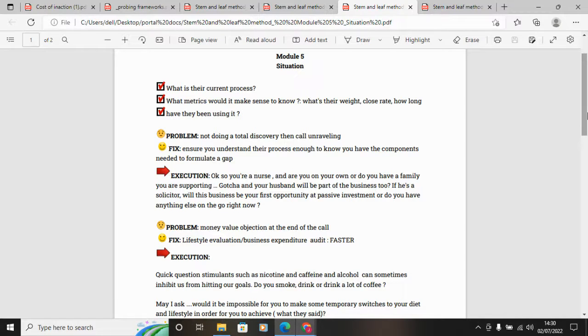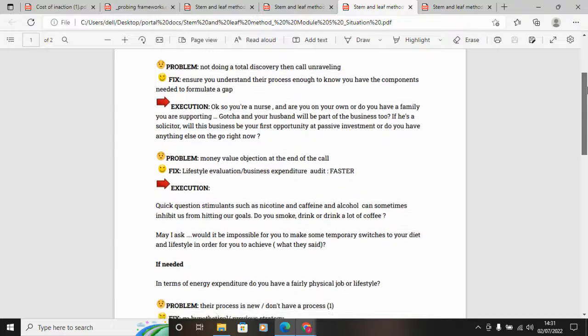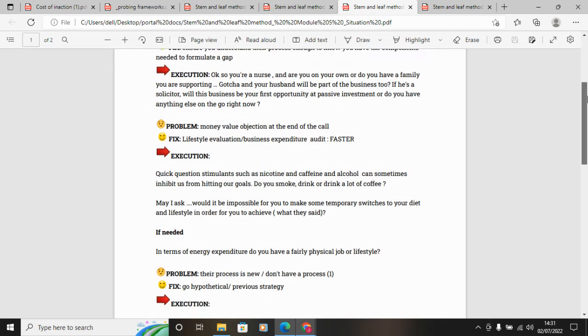It's different, isn't it, if we didn't do that discovery. So that's important, guys. We need to do an effective discovery, and that can be different between offers. You're going to have different components that are going to trip you up, but it's good to think about in advance what it is specifically you need to work on.